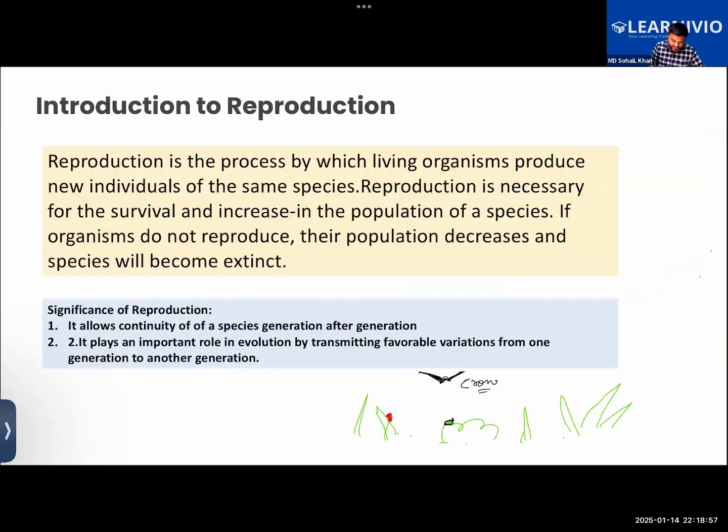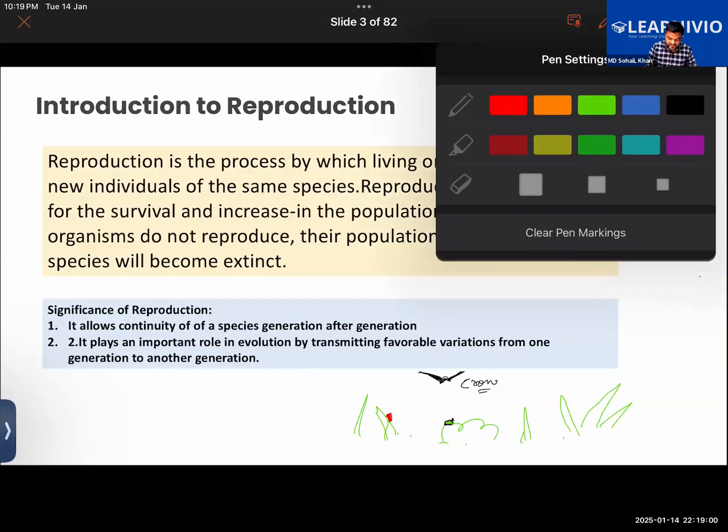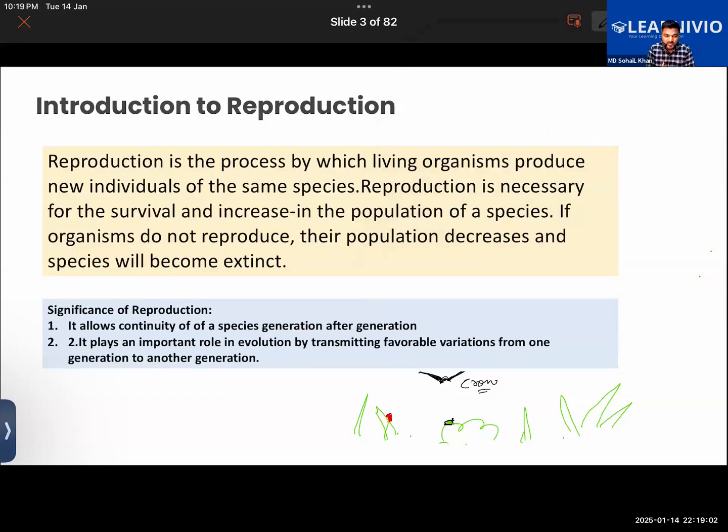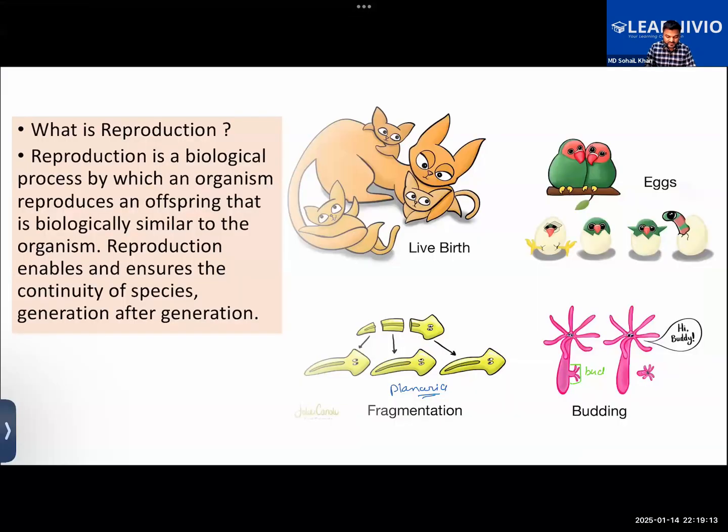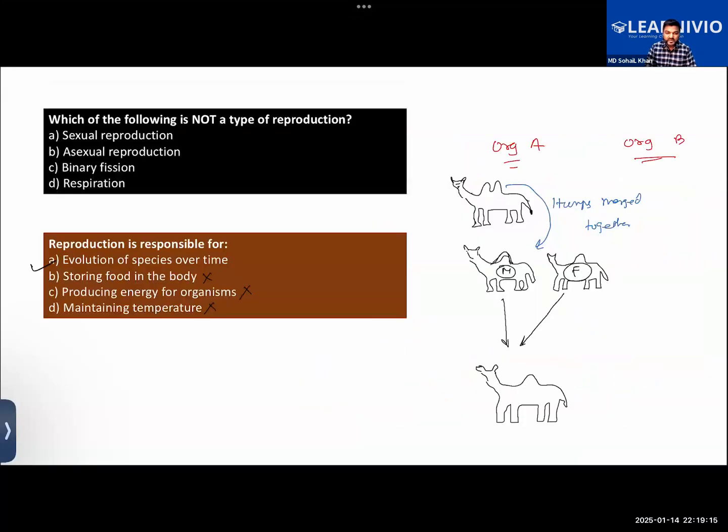So basically, in the chapter we had learned various things like what is reproduction, why is it important, and what is its significance. First, explain to me, what do you understand by reproduction and what is its significance?